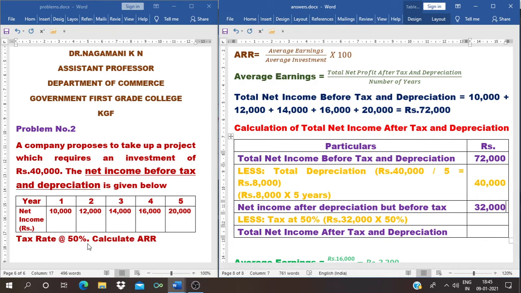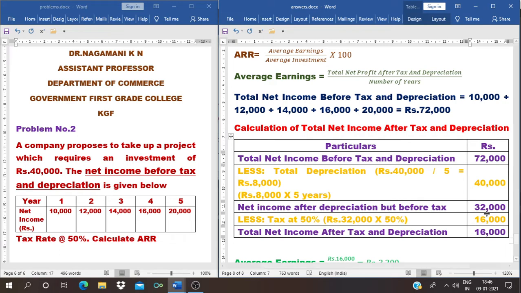Tax rate is given 50%. Okay, 32,000 into 50% is 16,000. 32,000 minus 16,000 is 16,000. This is total net income after tax and depreciation.